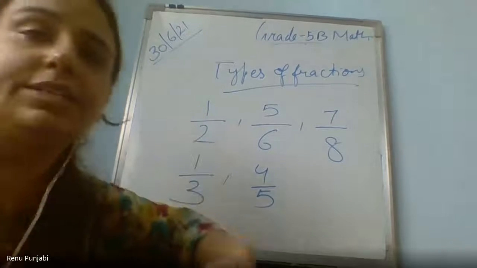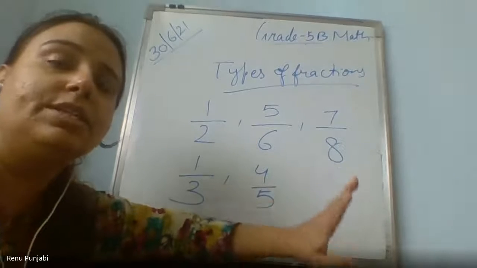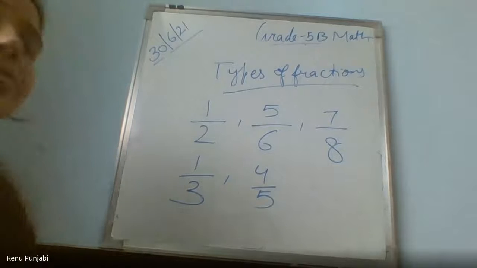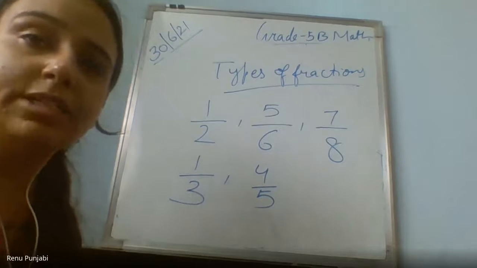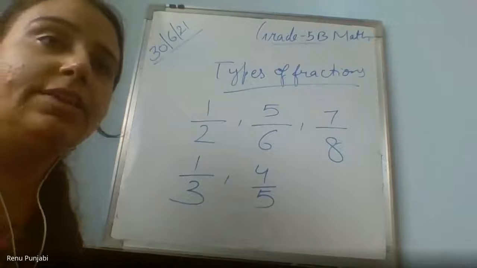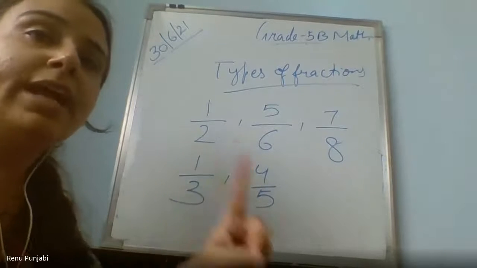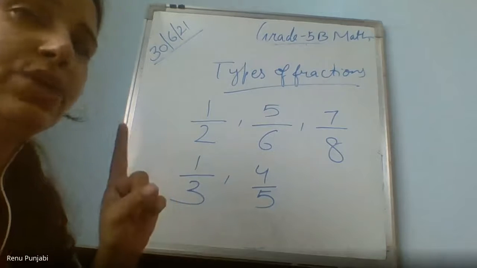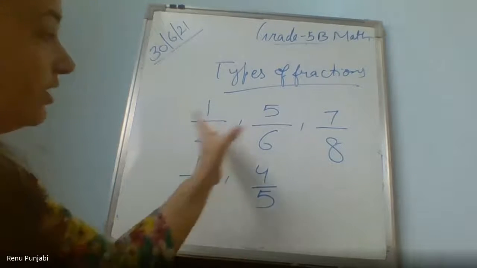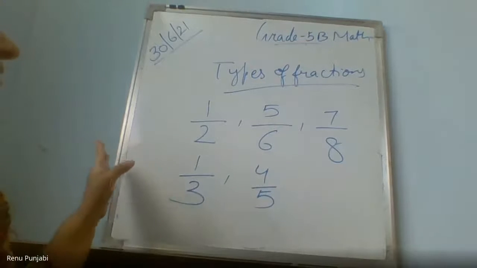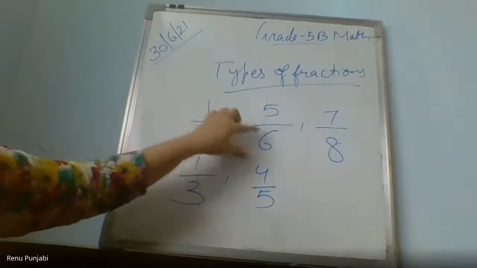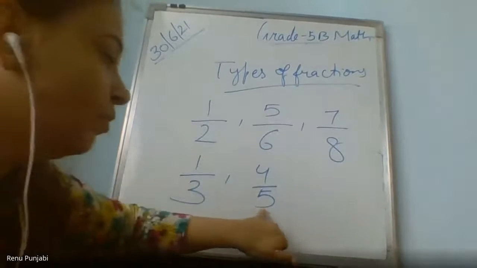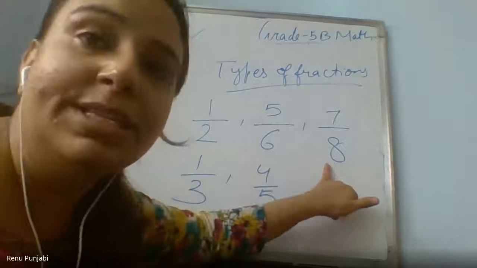So the first fraction we are going to learn the name of is unit fraction. Unit fractions are the fractions which have 1 as the numerator. So if I give you these fractions, it means 1 part out of 2 parts, 7 out of 8, 4 out of 5.